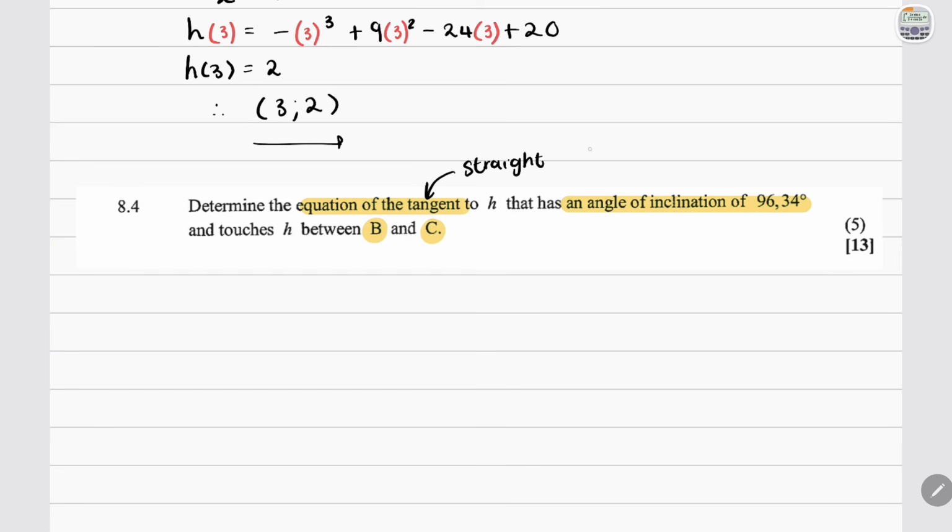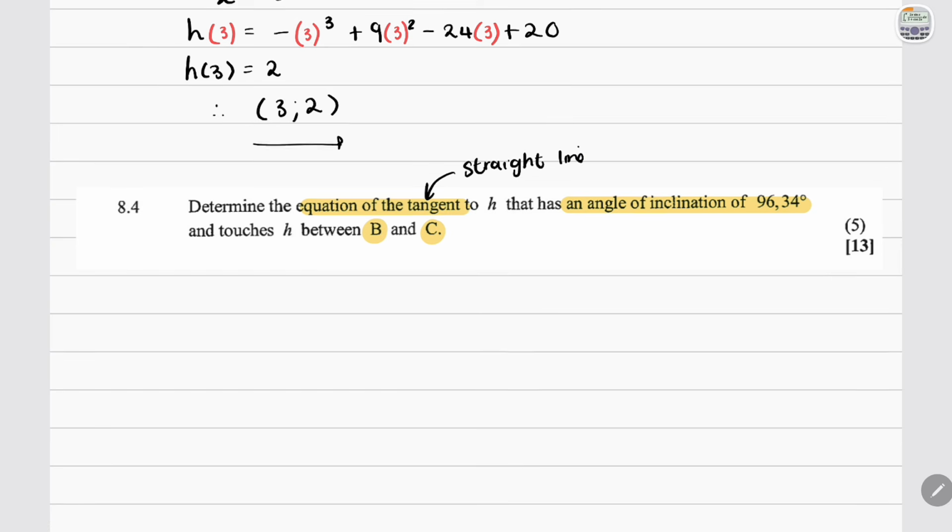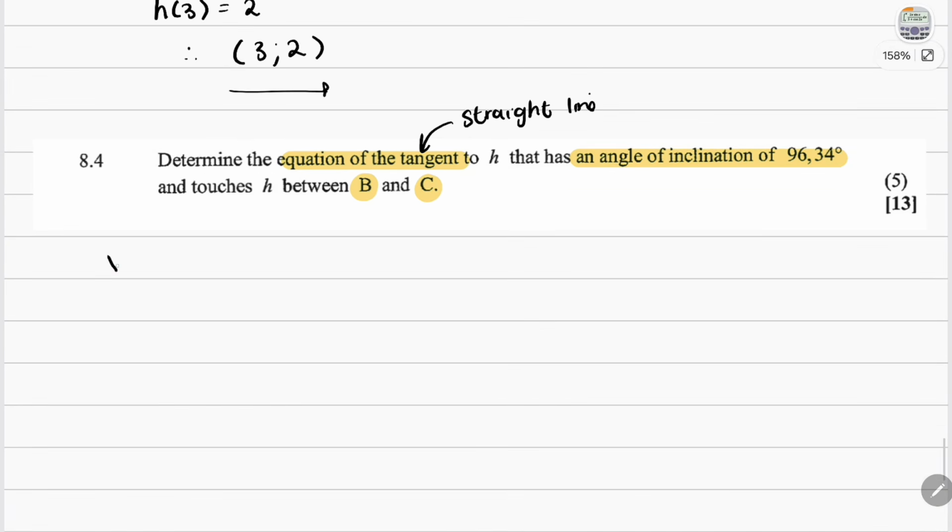So at the end of the day, you're just trying to find the equation of a straight line, which you know is in the form y equals mx plus c. So you need the gradient of this line, and you need something to help you find c. It could be the actual y-intercept, or it could just be a point. You find a point on the graph, and then it will help you find c. As long as you have the x and the y value of that point, you're fine.